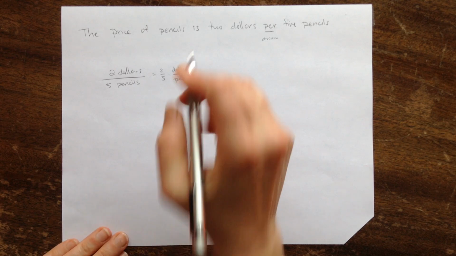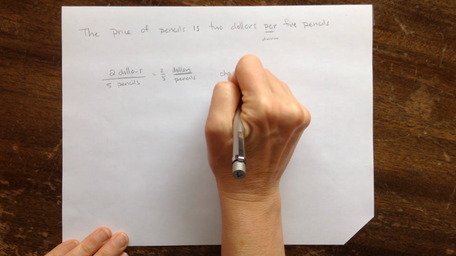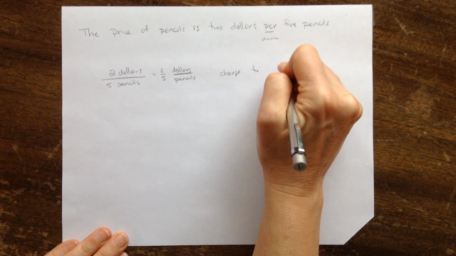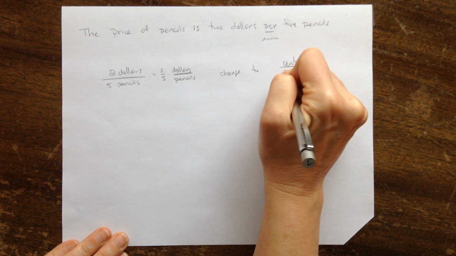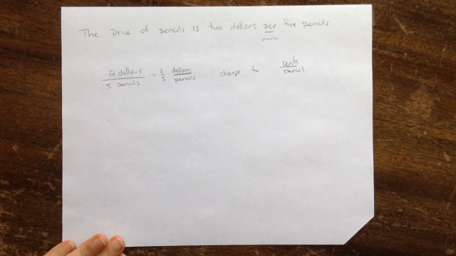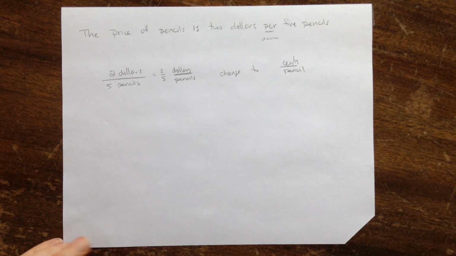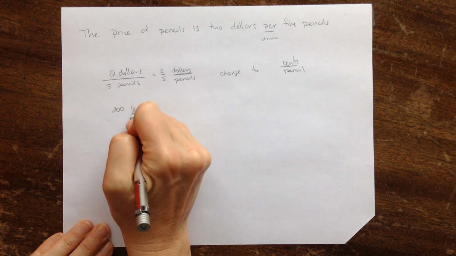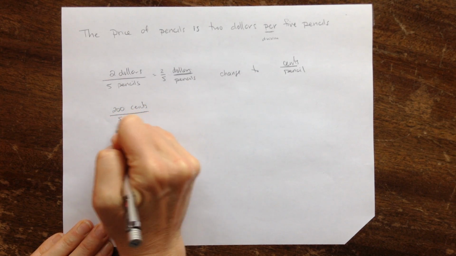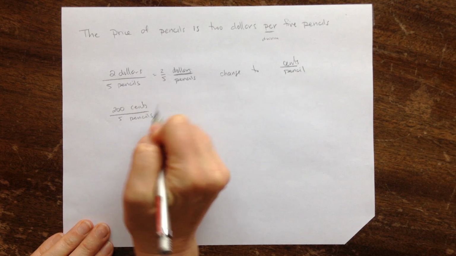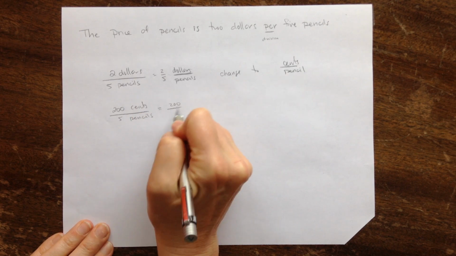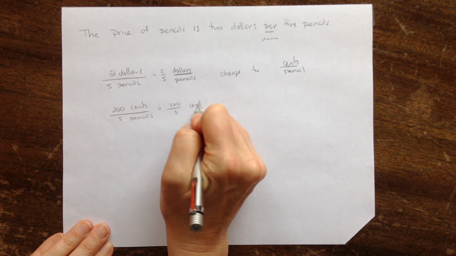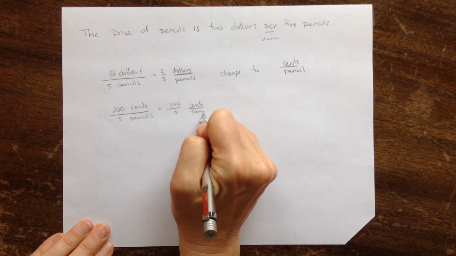But suppose we want to change to cents per pencil. How do I do that? Well, there are a couple ways to go. You could know that $2 is just equal to 200 cents per 5 pencils, so that you have 200 over 5 cents per pencil.